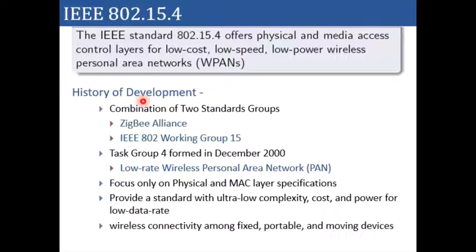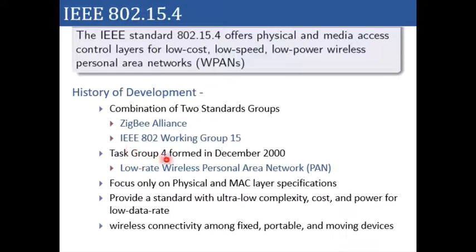Now, what is the history of the development of 802.15.4? It is the combination of two standard groups. One is Zigbee Alliance and another is IEEE 802 Working Group 15.